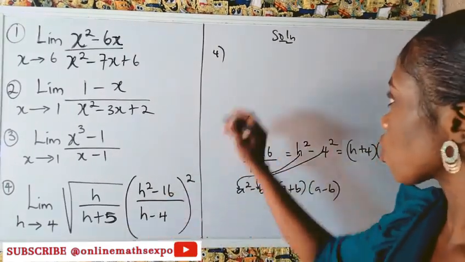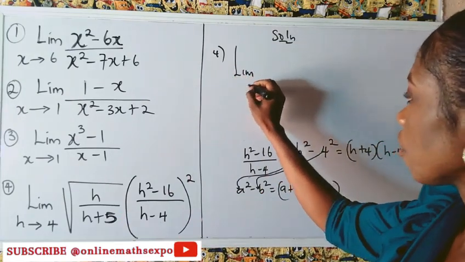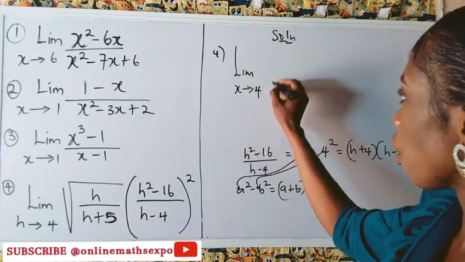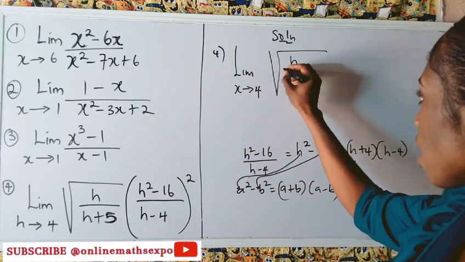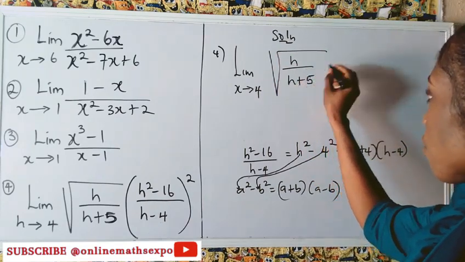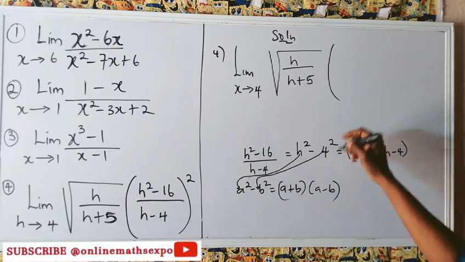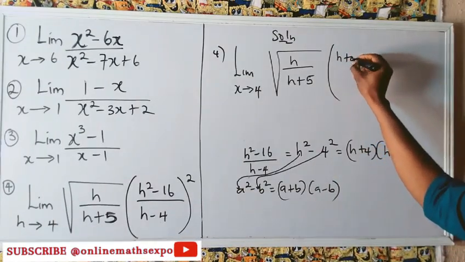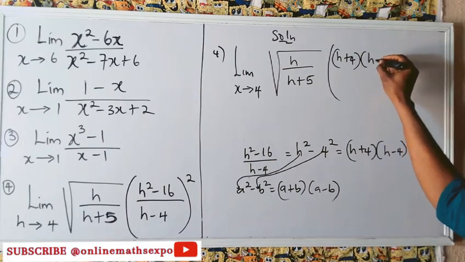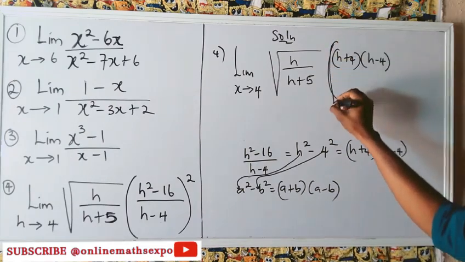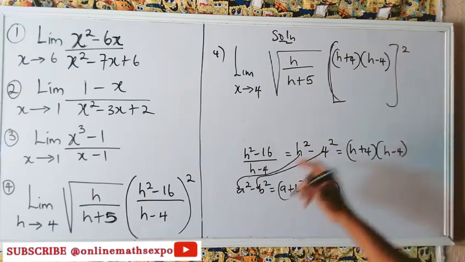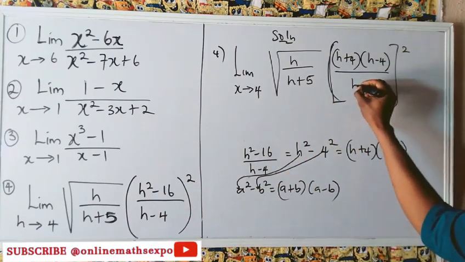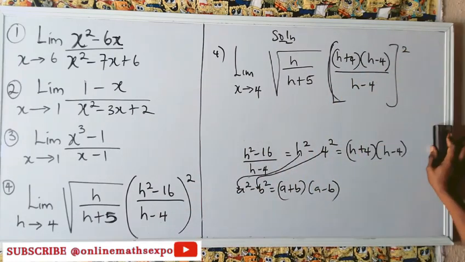So for this, we are going to have the limit as h approaches 4 of the square root of h over h plus 5, into what we have at the numerator, which is (h + 4)(h - 4). Remember, everything is raised to the power of 2. Then all over (h - 4). I hope it's clear.